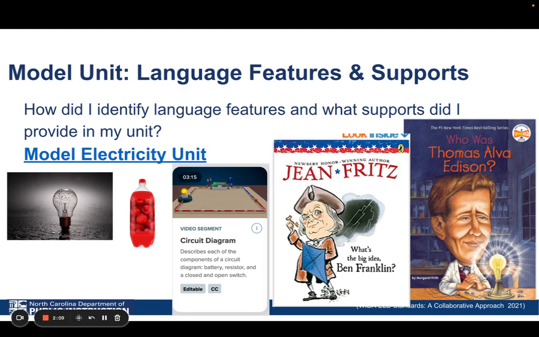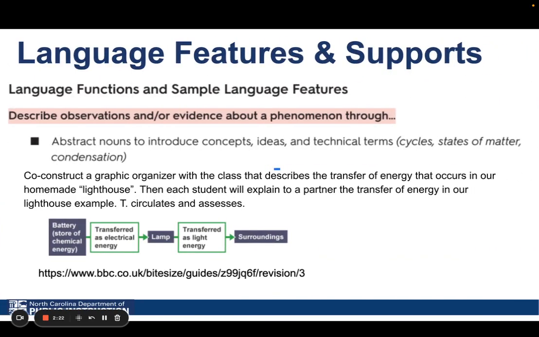And so we're going to focus in on our learning activity where we had to explain to a partner how an electrical circuit worked. And so we obviously were working in the key language use of explain, and our language expectation was constructing explanations, scientific explanations.